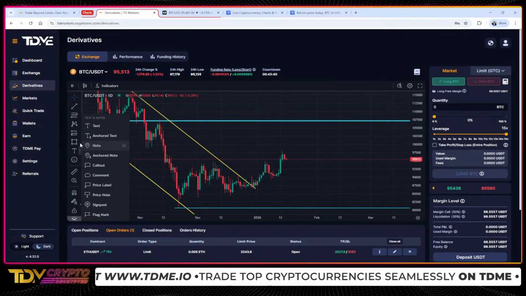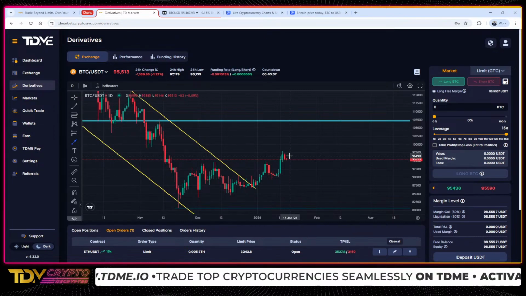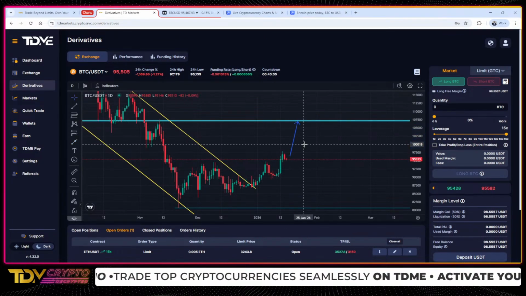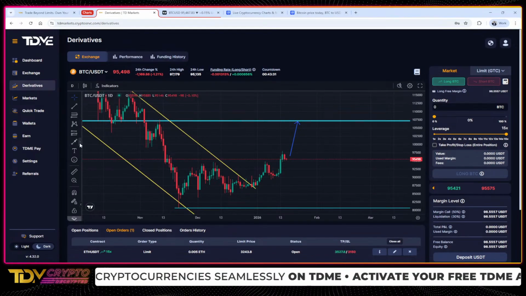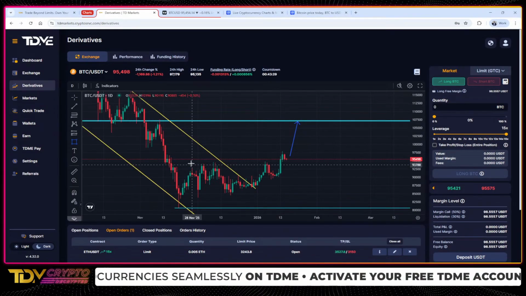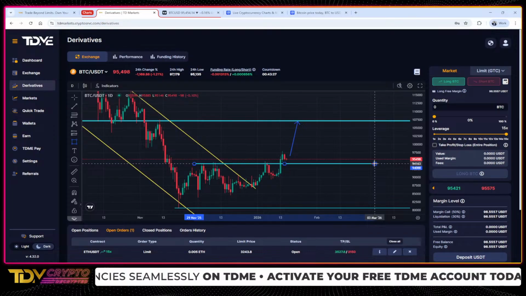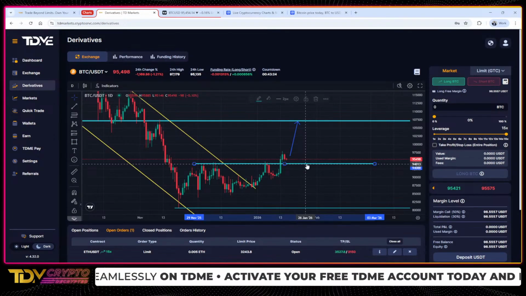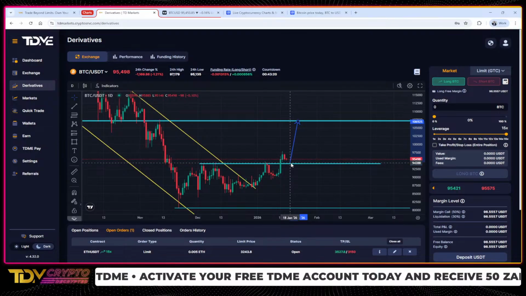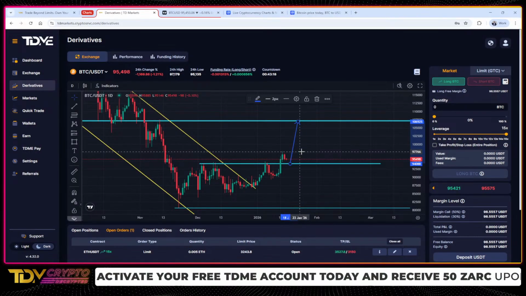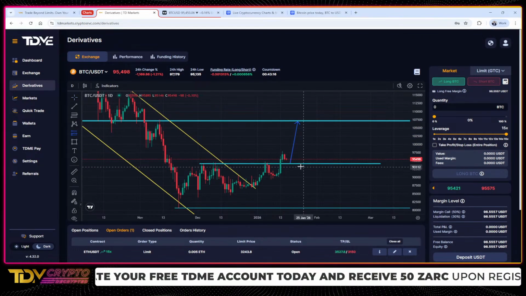The first possibility is that we can get a push back to that area there, provided we get enough confirmation and enough price action, because you will notice here that we have this area of resistance that is broken. So we could easily get a retest of this and then get a move towards the upside.